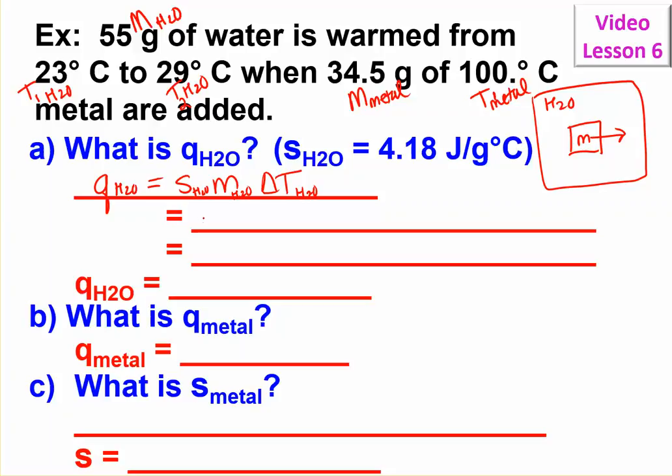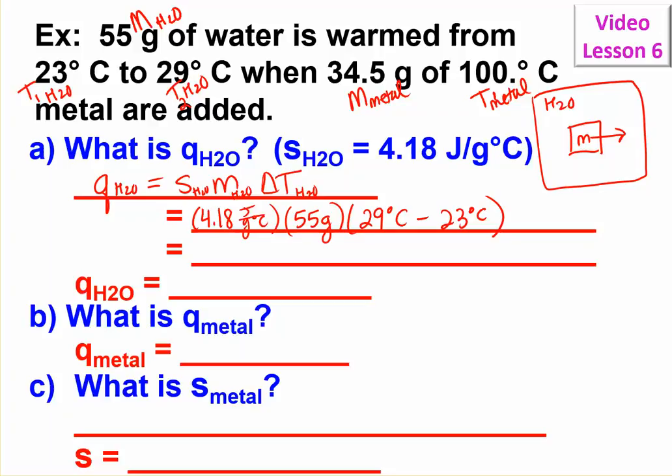So plugging in the specific heat of water, the mass of the water, T2 minus T1 for the metal, or for the water, okay, and you can see where our units are going to cancel.